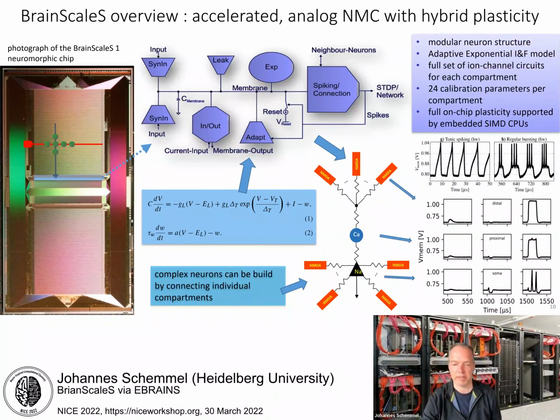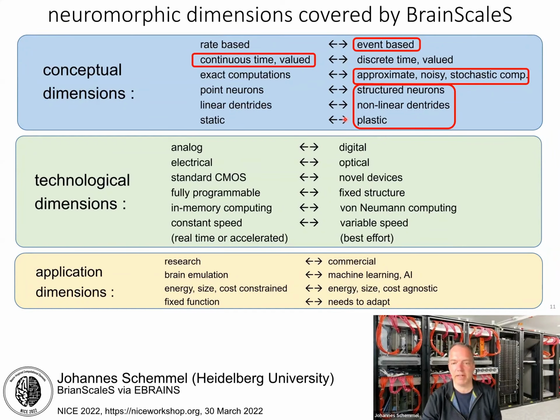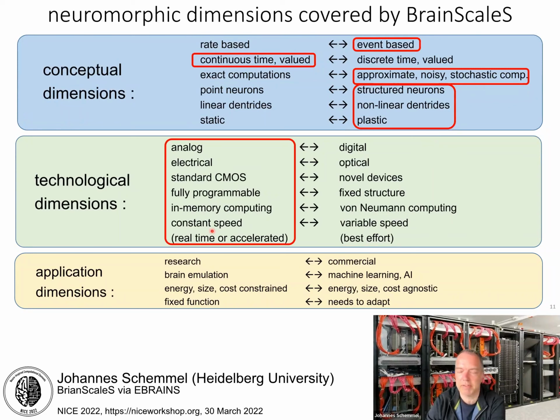And all these analog circuits have parameters to try to match them to some biological examples you want to emulate. So if we go back to the dimensions, BrainScaleS basically covers the analog continuous spike-based part of the concept, but with the structured neurons and nonlinear dendrites and plasticity. In the technological area, it's all to the left because I arranged it this way. It's an analog electrical standard CMOS system.